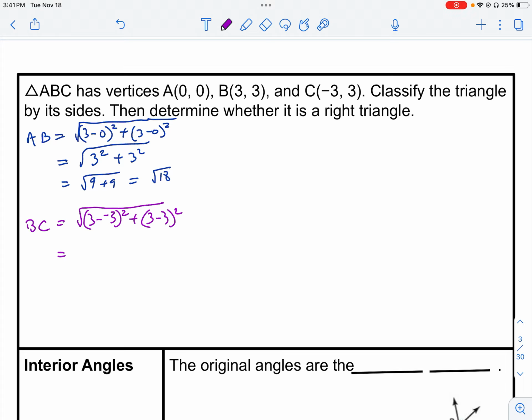Oh, we could have done this with the absolute value of the change in x, but we didn't notice it soon enough, but that's okay, because we'll get to the same place. So 6 squared plus 0 squared equals radical 36, which equals 6.